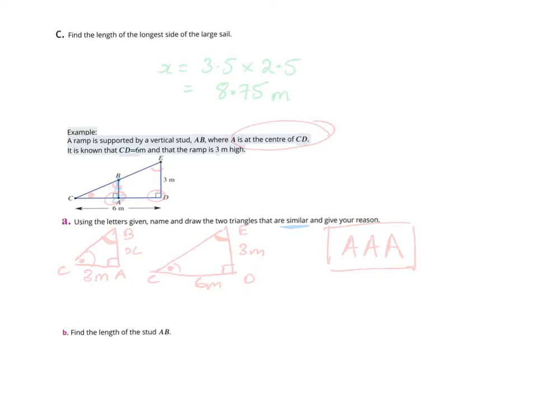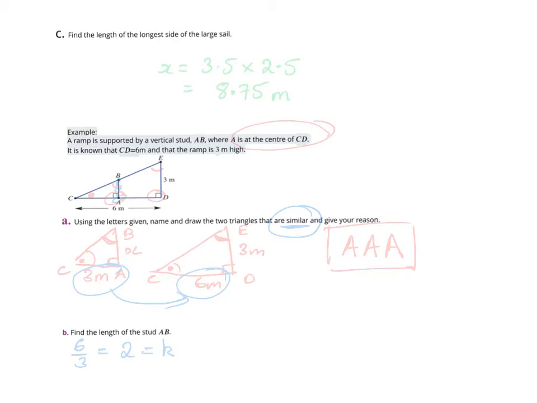Let's find our scale factor first. We have two pairs of corresponding sides, and we know they're in the same ratio because they are similar triangles. 6 divided by 3 is equal to 2. That's my scale factor, telling me the sides in the bigger triangle are 2 times bigger than the sides in the smaller triangle.